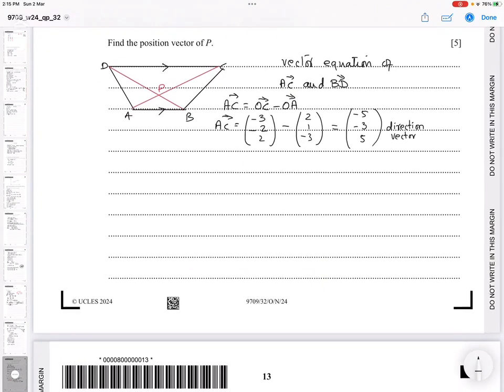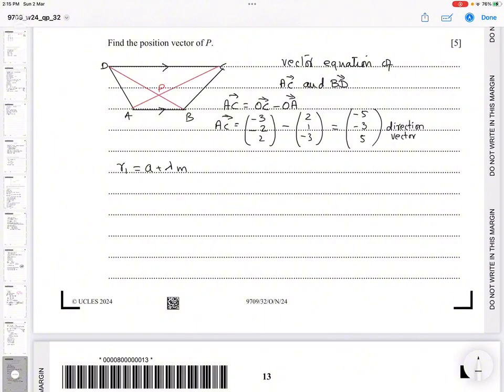So my vector equation, set r1. r1 equals A plus lambda times m. m is your direction vector. A is your fixed point, OA.